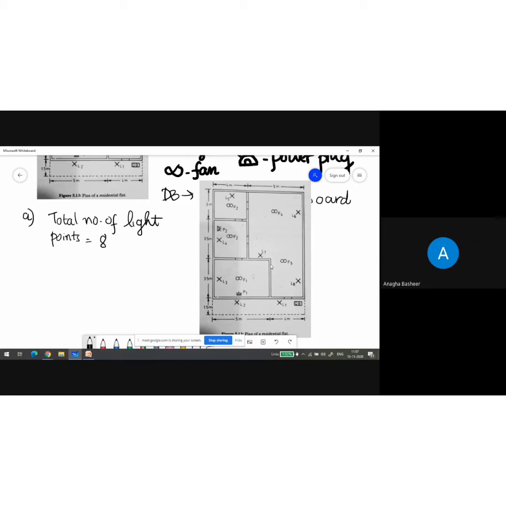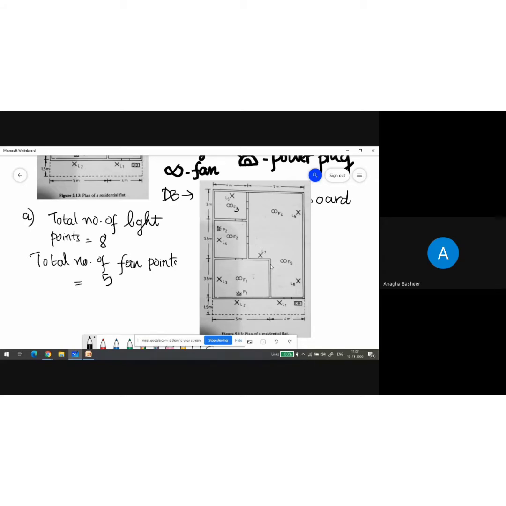Total number of fan points. How many fan points are there? F1, F2, here it is F3, F4 and F5.